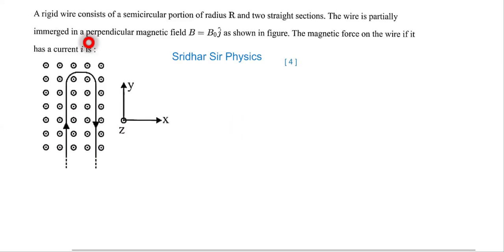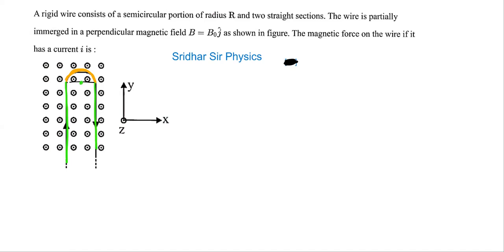A rigid wire consists of a semicircular portion and two straight portions. The wire is partially in a perpendicular magnetic field B equal to B naught as shown in the figure. The magnetic force on the wire if it has a current I. I don't have the options here. This is a semicircular wire, and these are long semi-infinite wires. Here we have to find the field.